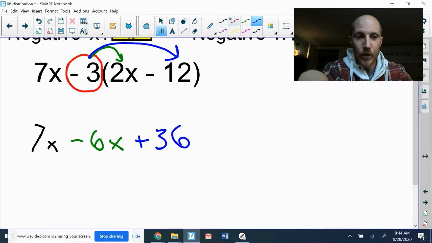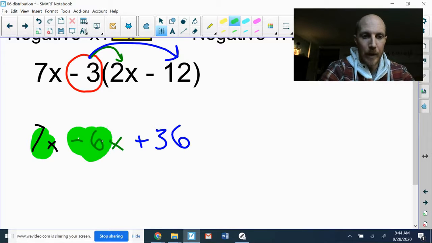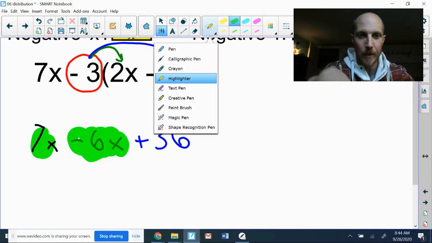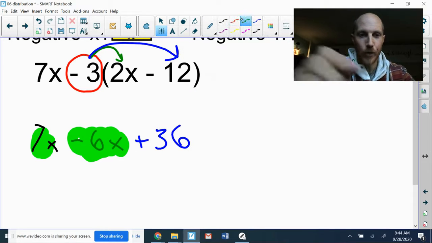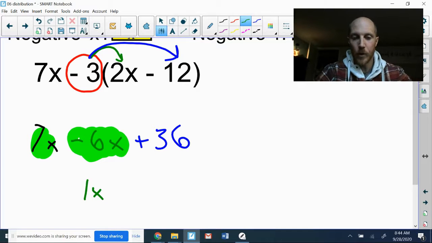Now let's combine like terms. So I have some x's, 7x minus 6x. Those are like terms. They're both x's. I'm going to combine them in this case by subtracting. So 7 minus 6 is going to be 1x. I can write the 1 if I want. I don't have to.